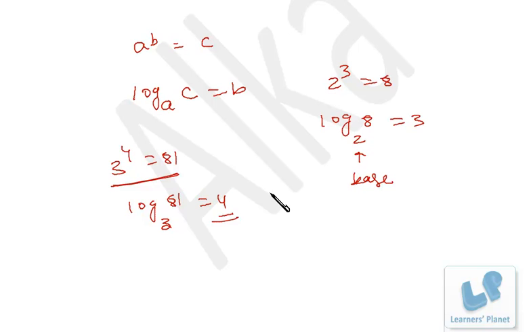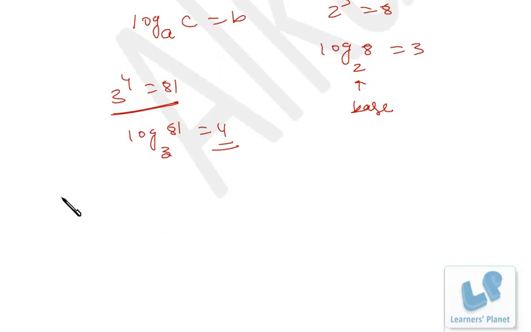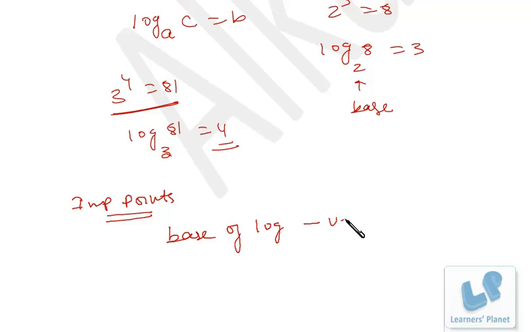Now the important points that you have to keep in your mind, I write them over there, very important. As I have talked to you regarding this base, this base can be any number, but it cannot be negative, and it cannot be 0.